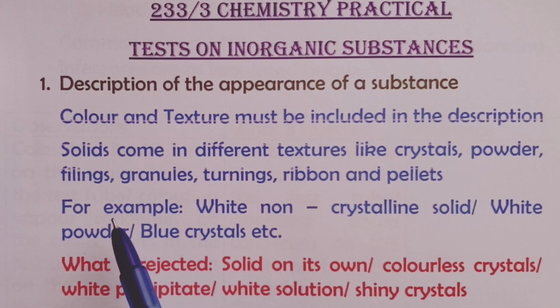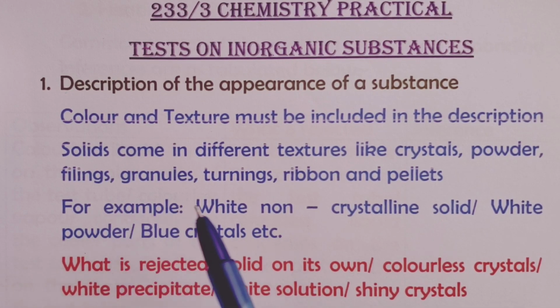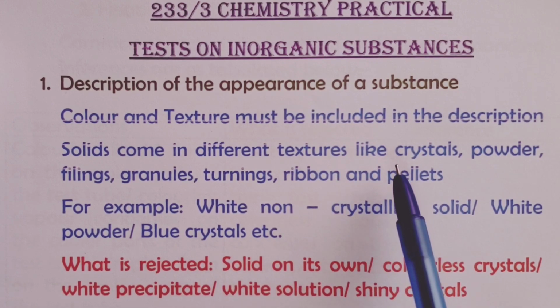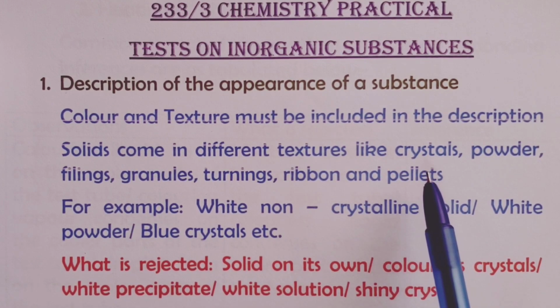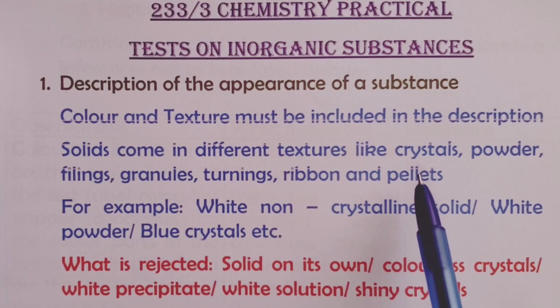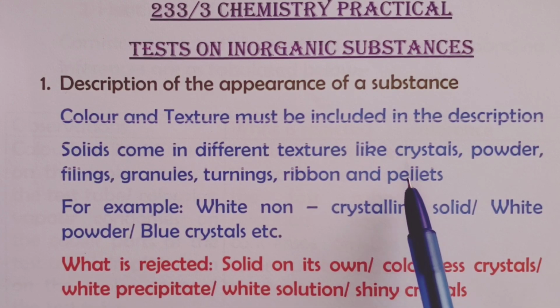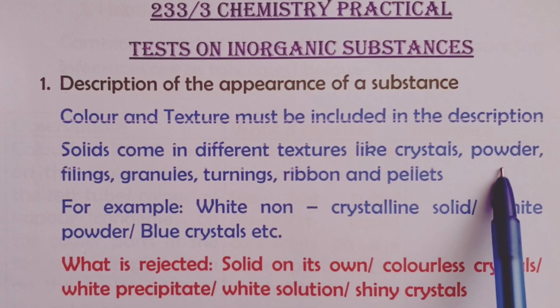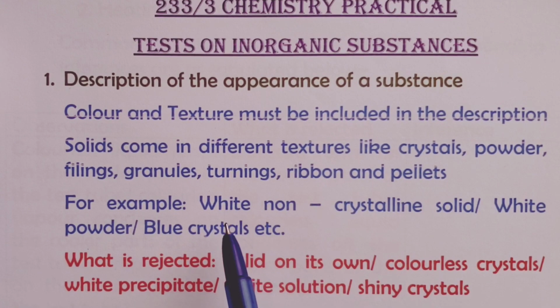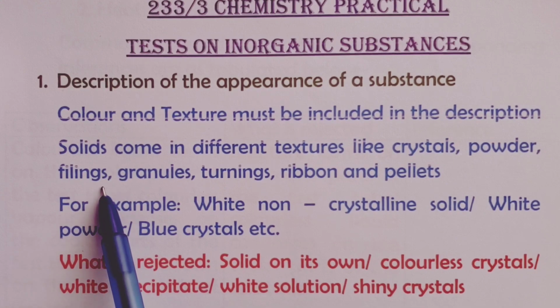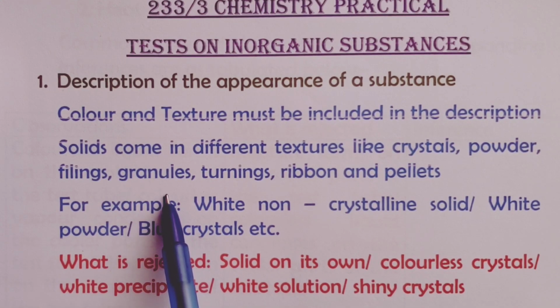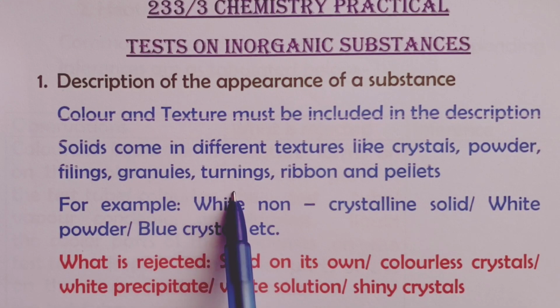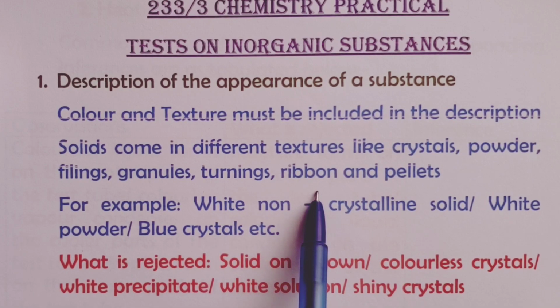Now, solids come in different textures. Some are in form of crystals. I believe candidates, you know what we mean when we talk about a crystal. Some solids come in powder form. Others are filings. We do have granules, turnings, ribbons, and pellets.